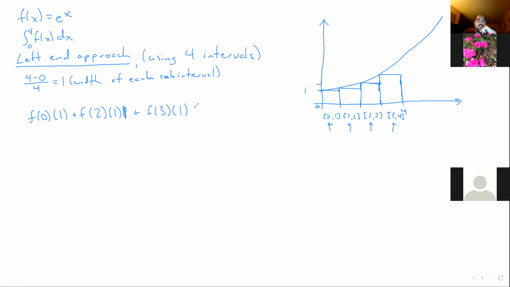So I want f of 1 times 1 as well. My area is going to be f of 0 times 1, which is 1 times 1, plus f of 1 times 1, which is e times 1. Then e squared times 1, then e cubed times 1.